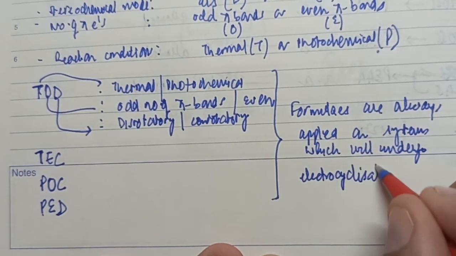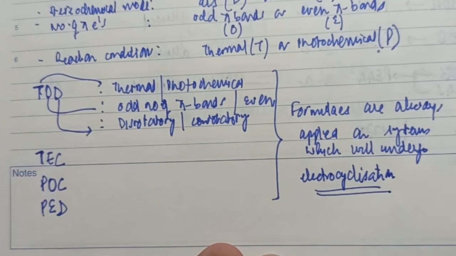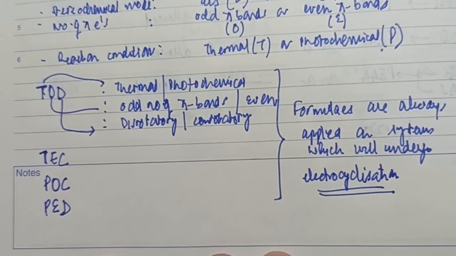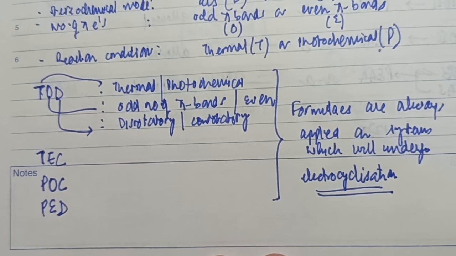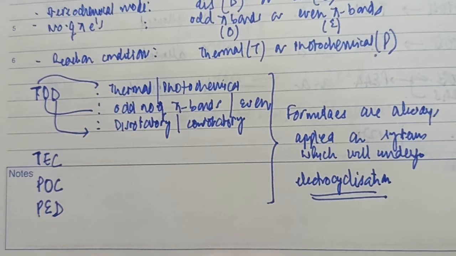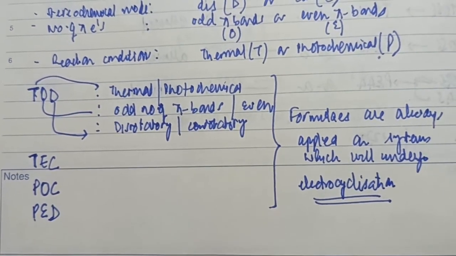That means systems which are acyclic and will cyclize. The formula will never be applied for systems which are cyclic and will undergo an electrocyclic ring opening. This one has to be remembered. The formula is always applied to the acyclic system which has to undergo the electrocyclization process.